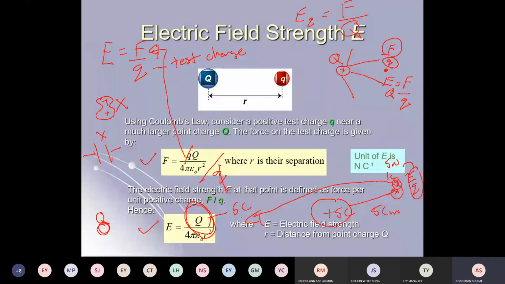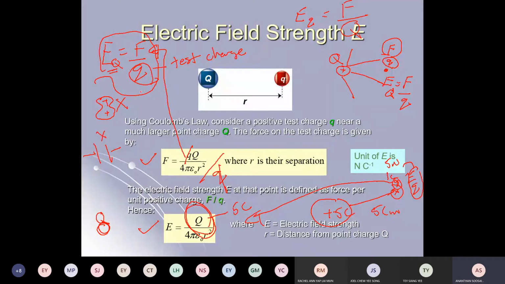Now another way is Q over 4 pi epsilon naught r squared. This Q must be the Q of the center charge. Don't get confused about which charge to place. E equals Q over 4 pi epsilon naught r squared, and this Q must be the center charge. If you use F over Q to find the electric field strength of the capital Q, this should be the test charge.